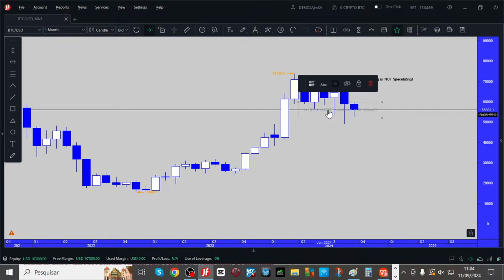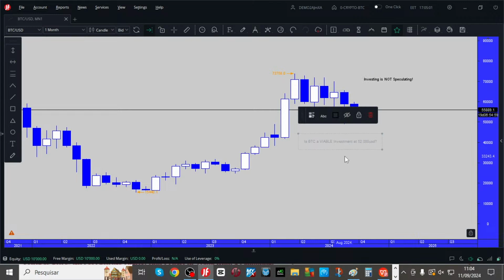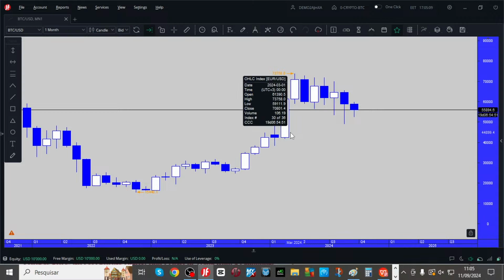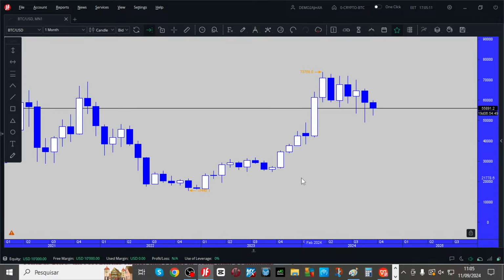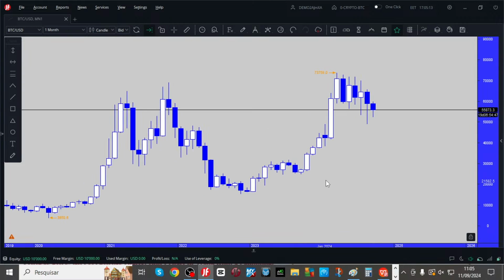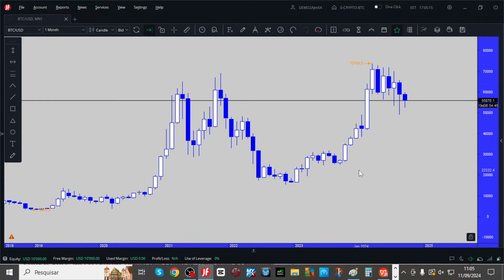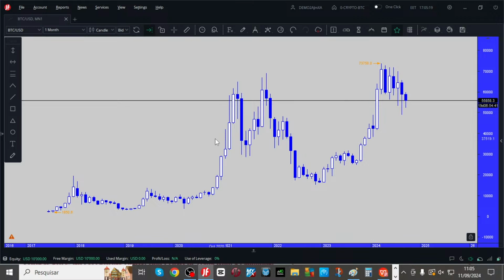And another text. Is Bitcoin a viable investment at 22? Alright, it's from previous classes. All good if you go with Bitcoin, everybody. Yes, you can ask for any currency pairs, any cryptos. All right.